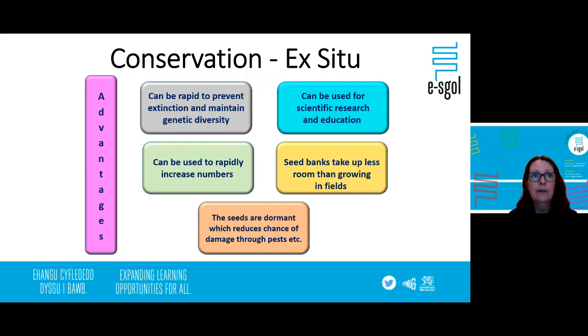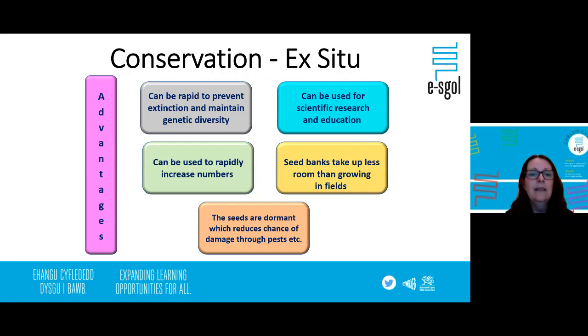That takes up less room than trying to grow the plants from seed in fields in their native environment. If the seeds are kept, they are dormant. That means they are not actively germinating, and we have them with us, and that reduces any damage. So we are protecting those seeds for future generations.